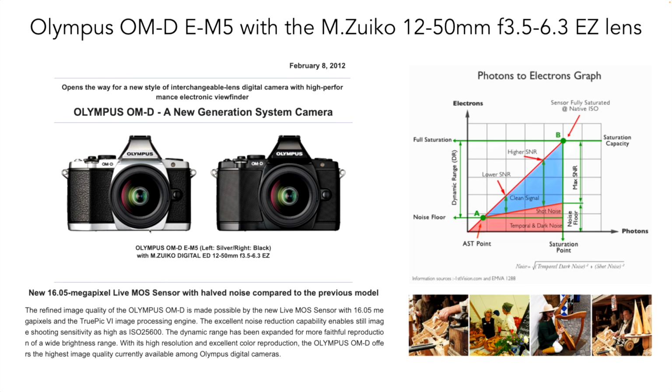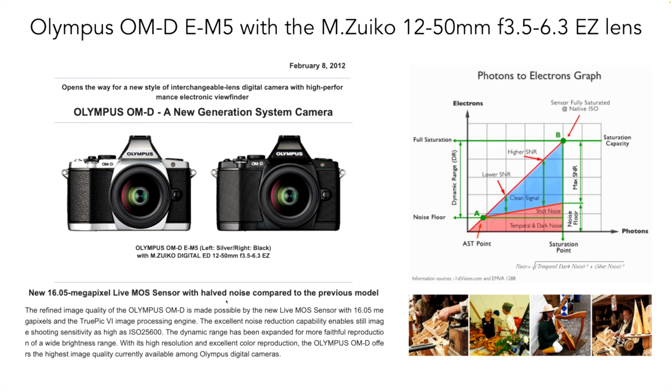Now, something interesting here, this was the first OM-D camera, the EM5, and here they say they have a new 16 megapixel LiveMOS sensor with half the noise compared to the previous model. So the previous model was the EP3, and it already had a new sensor.